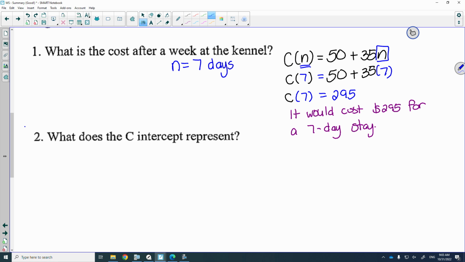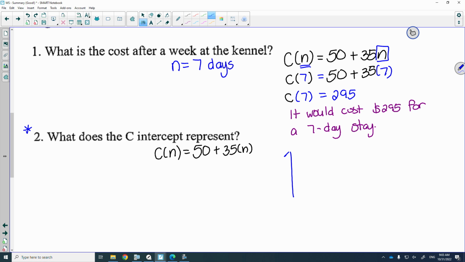Star number 2. This is a really good exam question. Okay, the formula was this. C of N is equal to 50 plus 35N.